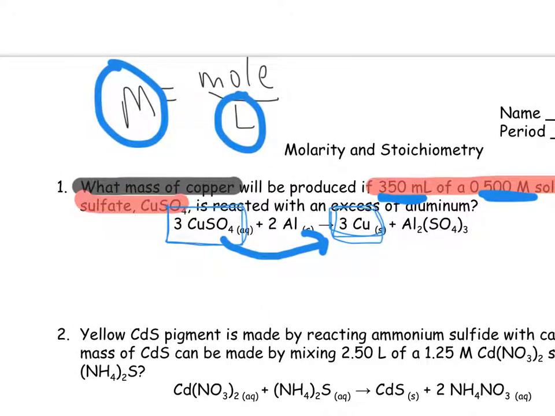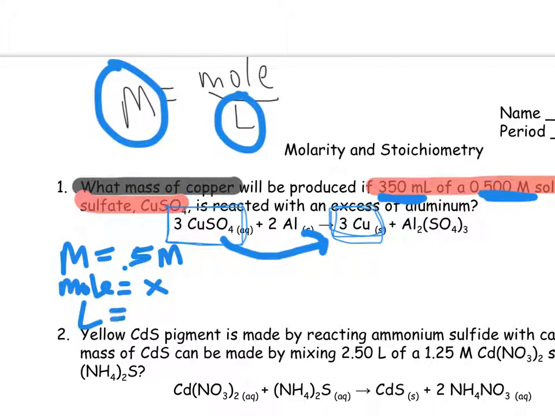Zoom in here a little bit. So I could plug in the numbers, but let's just define the variables first. 0.5 molar is my molarity. Moles is what I'm going to find, so that's X. And then liters, I'm going to have to convert 350 milliliters into liters. Remember, the way that we do that is we take milliliters and divide by 1,000.